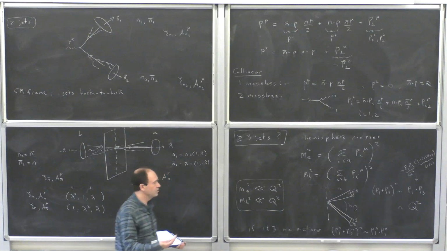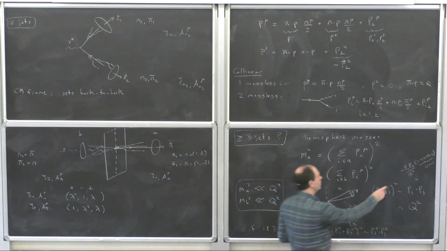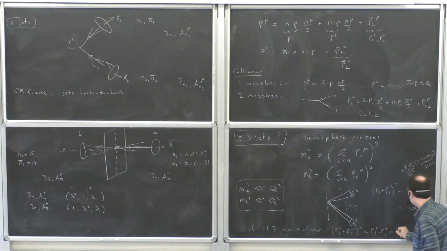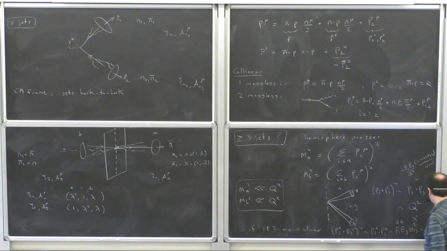And because of the extra power of theta_13 going small, you're getting something that's scaling like E1 E3 theta_13 squared, and this is providing a lambda squared, the angles being of order lambda. So you get Q squared lambda squared in this case, and that's small.